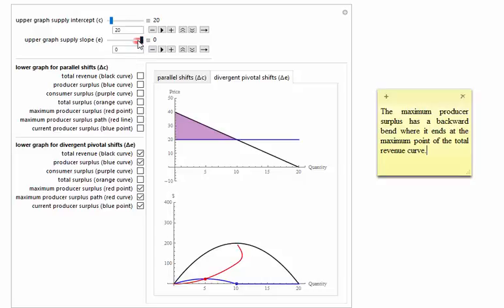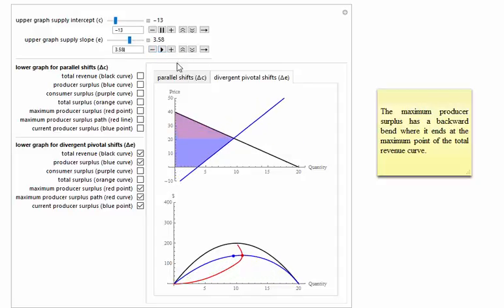So up here, and in this case, we'll want to change C. Actually, let's change it up there. And notice as we come up here, that I'm changing, in this case, the intercept. And when I get an intercept that's more and more negative, producers receive more and more of the total producer surplus. So let's bring it back again. Well, let's pause it.